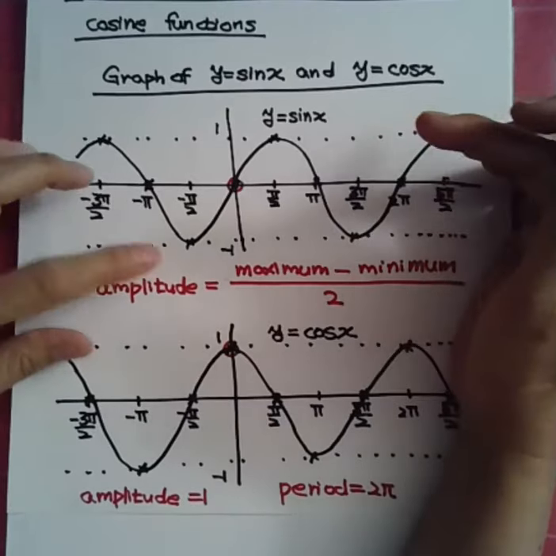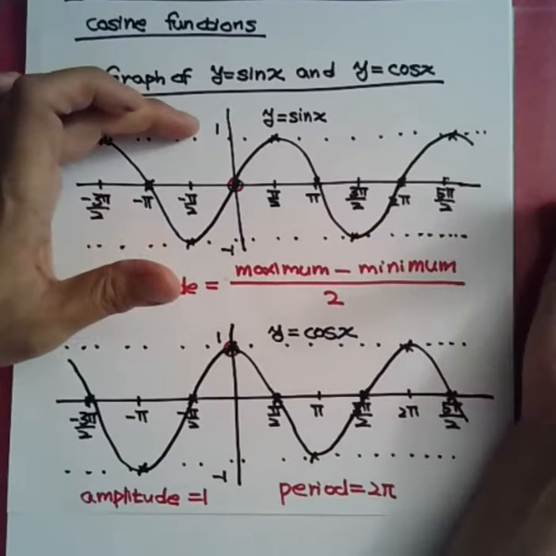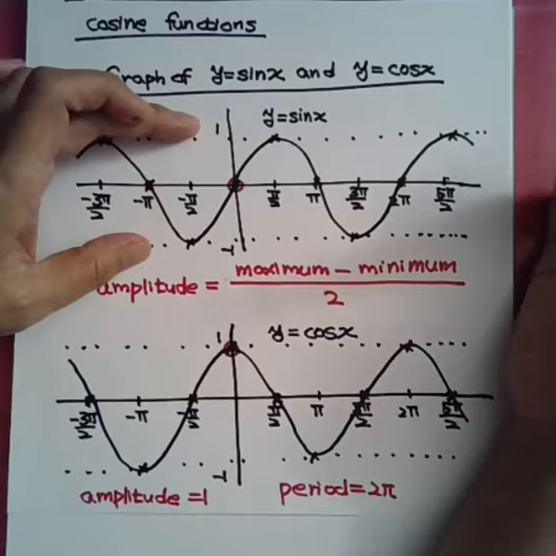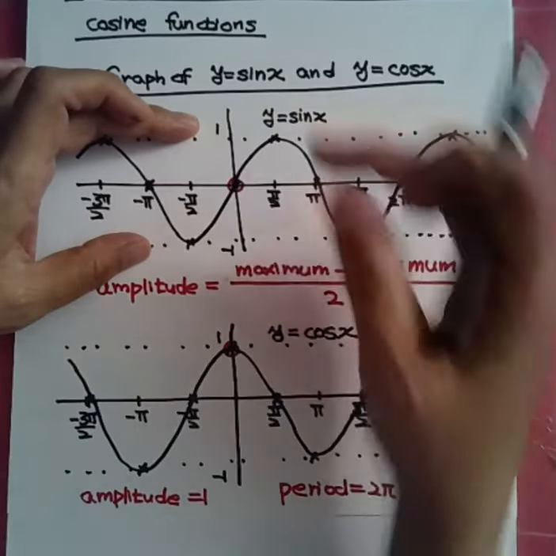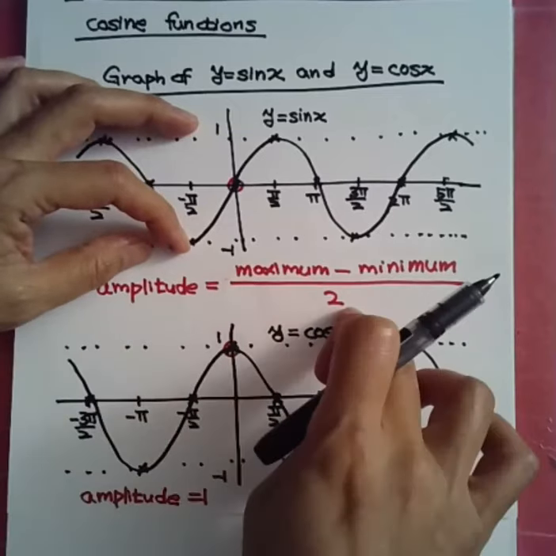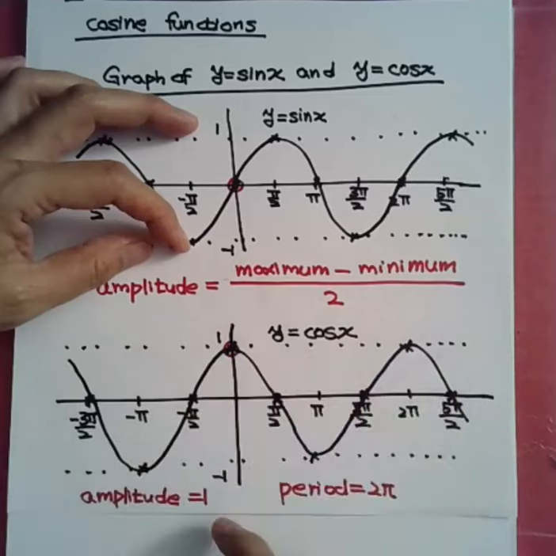In both cases, the maximum value is 1, and the minimum value is -1. The difference between maximum and minimum is 2. If you divide by 2, then you will get an amplitude of 1.